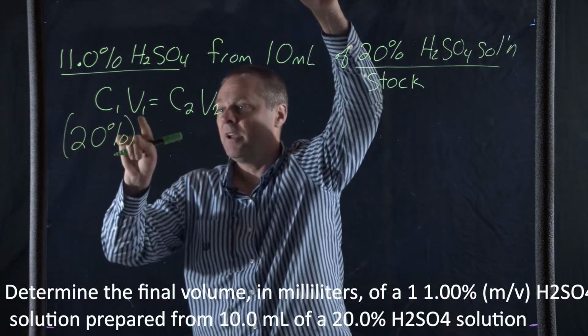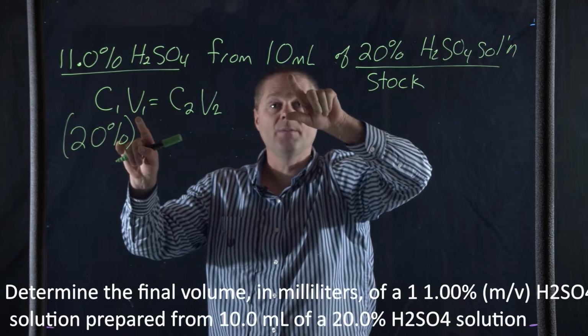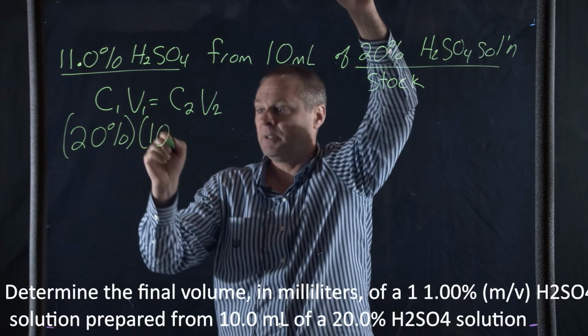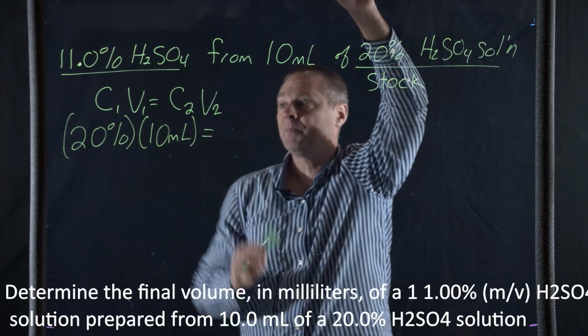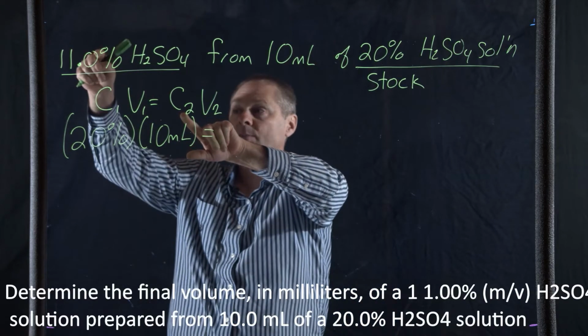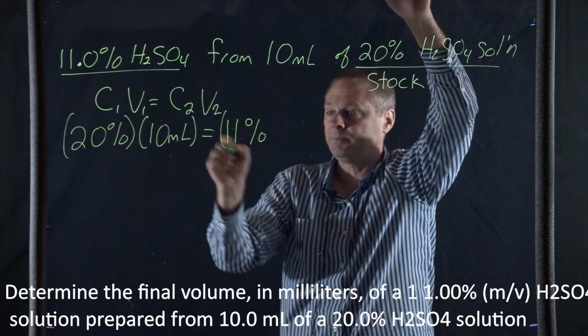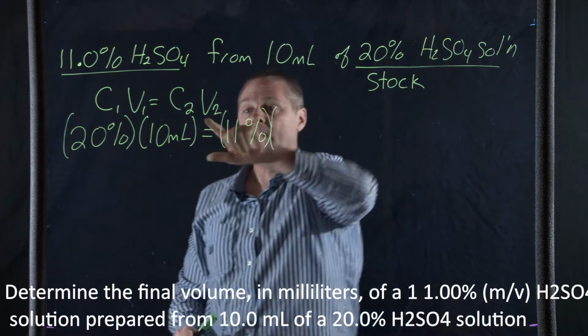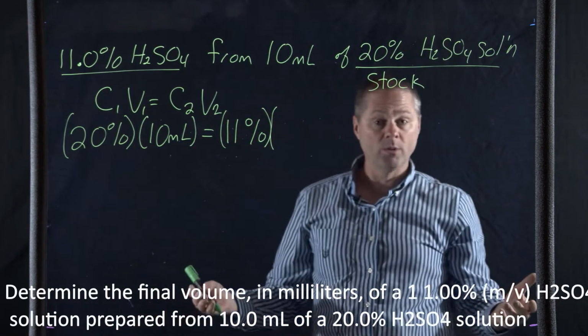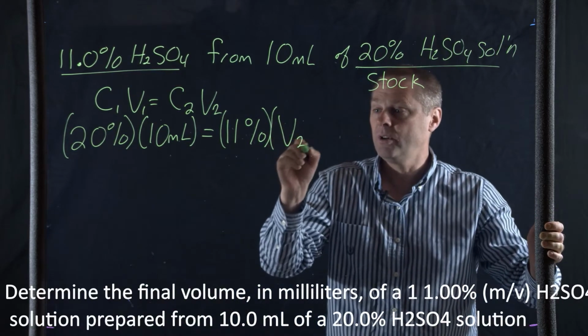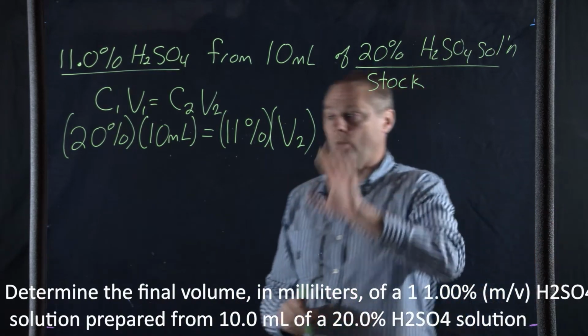V1 is going to be the volume, so that's going to be 10 milliliters. C2 is going to be the dilution, and so that's going to be the 11%. And V2 is ultimately what we're looking for, so V2 is what we want to solve for.